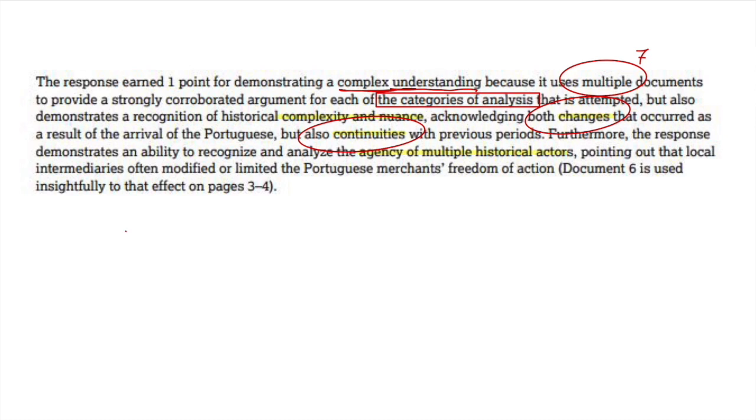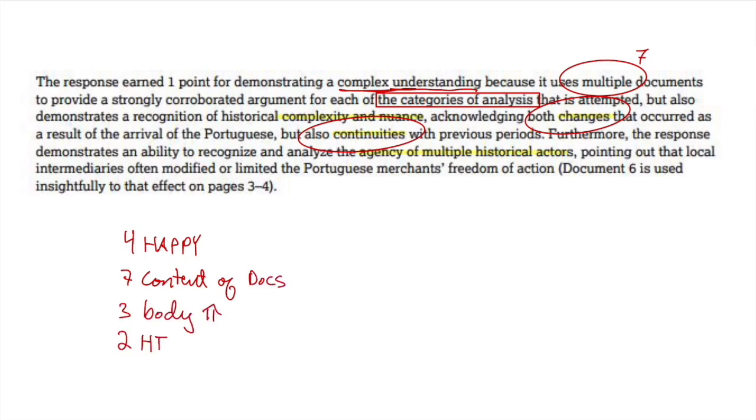Furthermore, the response demonstrates an ability to recognize and analyze the agency of multiple historical actors, pointing out that local intermediaries often modified or limited the Portuguese merchants' freedom of action. Document 6 is used insightfully to that effect on pages 3 to 4.